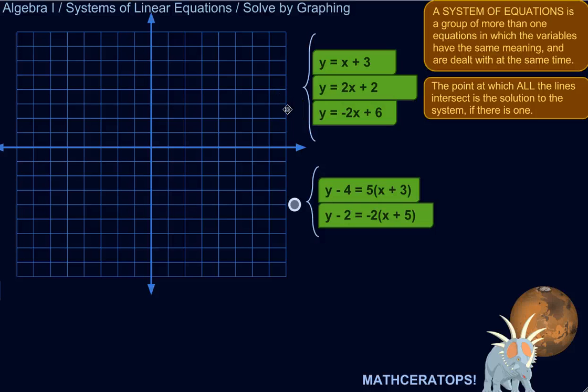All right, so we're gonna solve some systems of linear equations by graphing them, and sometimes graphing them can be easier than other methods of solving. There's a substitution method, there's an elimination method, there's plugging them into a matrix and performing elementary row operations until it's solved.